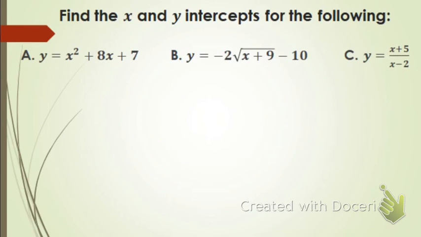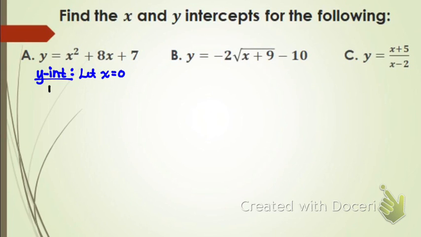All right, I want you guys to get these written down. I only want to do the first part of A right now because we're running short on time. Let's just find our y-intercepts on this one. How do I find a y-intercept again? Let x equal 0.